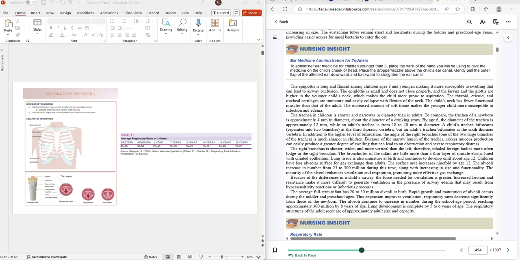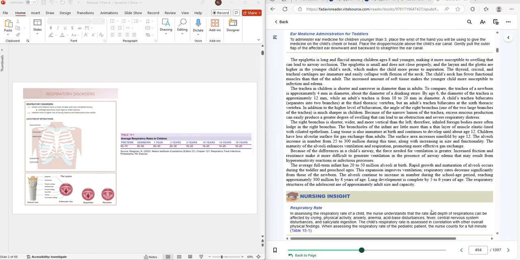So they continue to increase in school age to approximately 300 million by the age of 8. Okay. Lung development is completed at ages 5 to 6. And this is a picture of the larynx, respiration, and pronation.